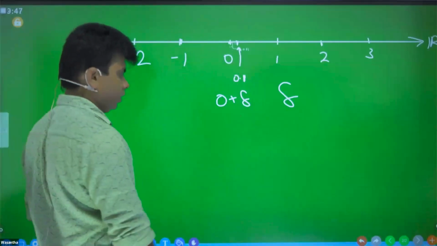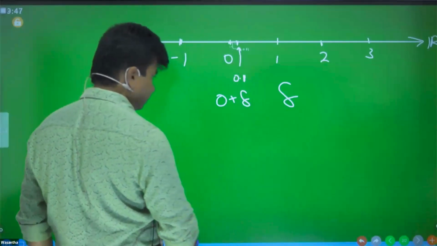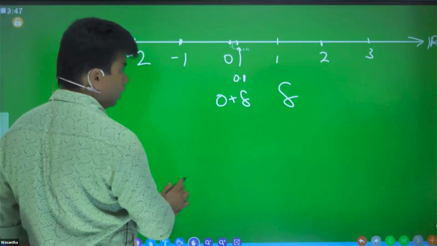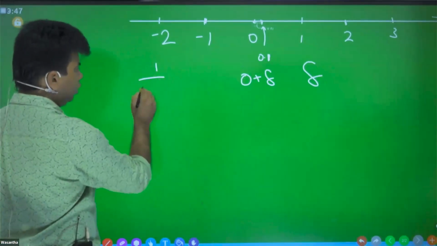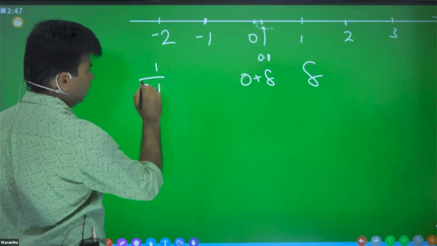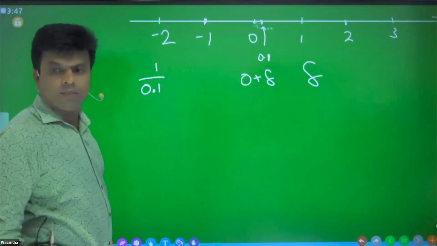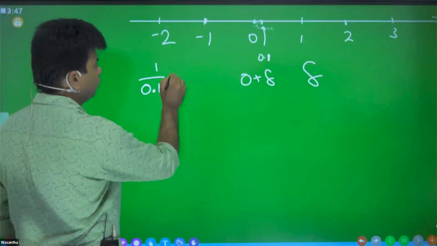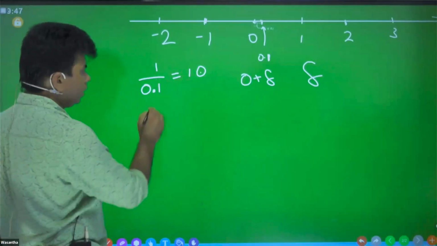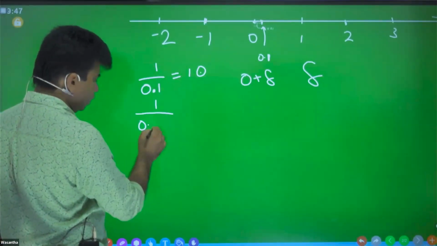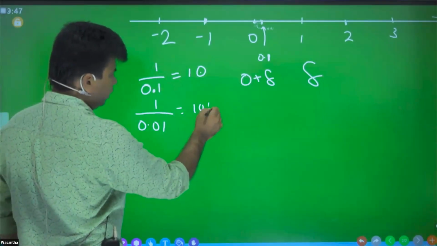And there's another question. Now tell me, what is 1 over 0.1? You know that 1 over 0.1 means 10. Then what is 1 over 0.01? You know that it is 100.